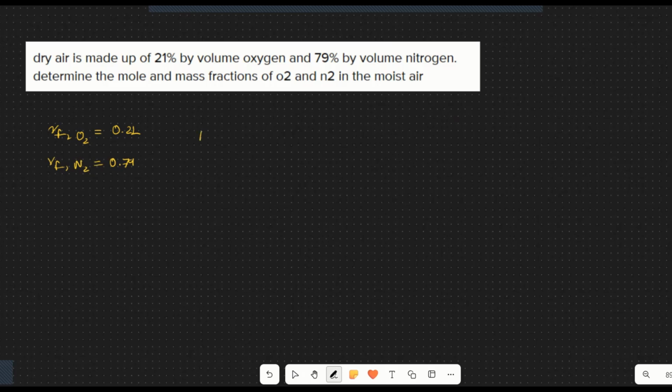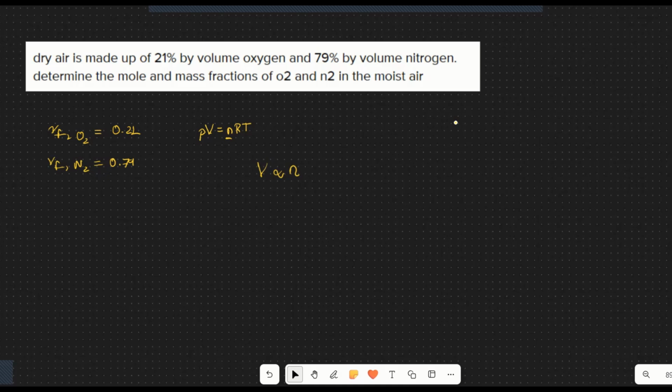So we're going to take the ideal gas law equation, and we're going to see that the relation between volume and the quantity of moles within the gas mixture is proportional, which means that as the amount of volume rises, the amount of moles of the gas also rises.